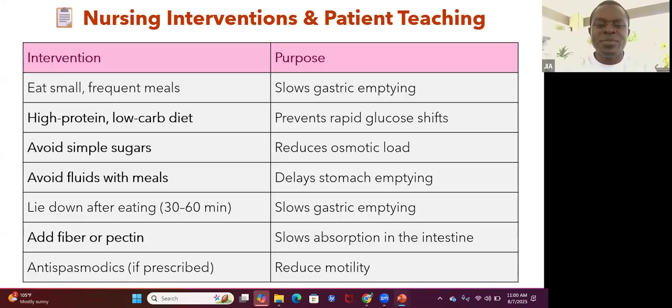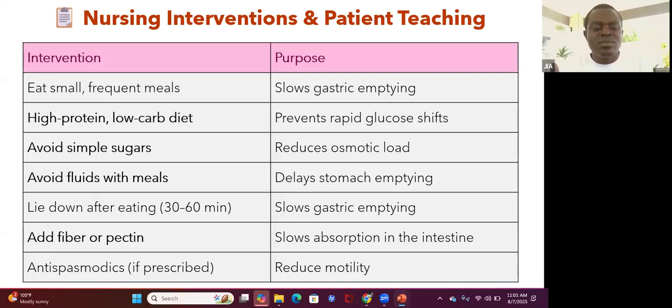So let me explain this one here. We are interested in polysaccharides, like complex carbohydrates. Complex carbohydrates take time to break down and they release their calories slowly.